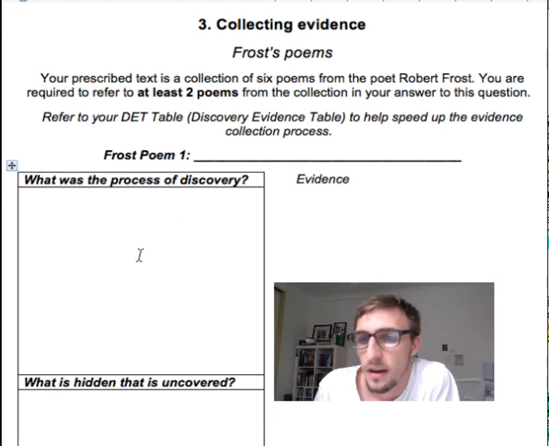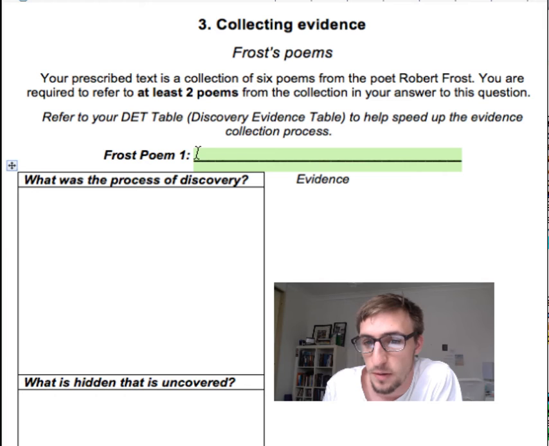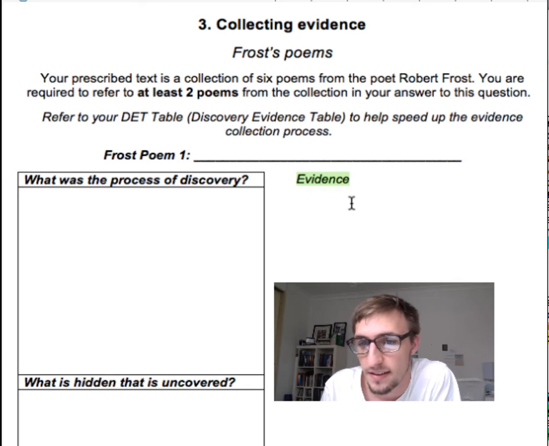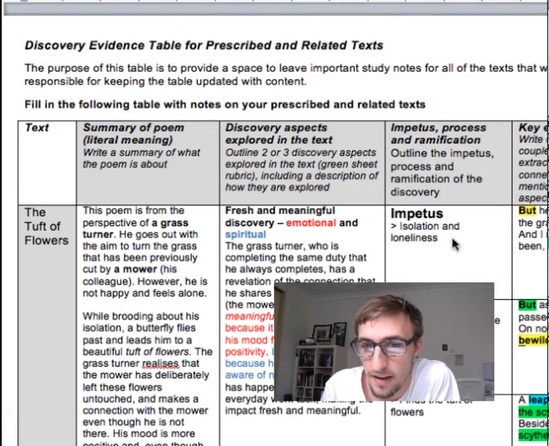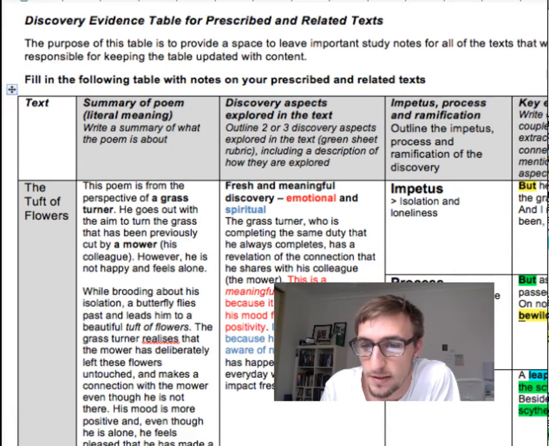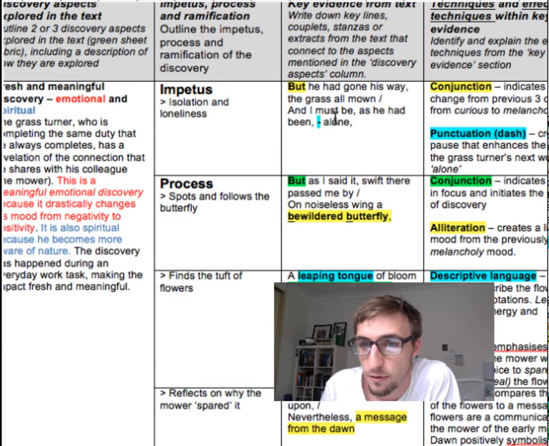So once you select the text that you're going to write, you need to write down the first Frost poem that you're going to use and answer the following questions and connect some of the evidence to this part of the question. Now this is why that discovery evidence table is going to come in handy, because for example here with The Tuft of Flowers, which I've done, I've already mapped out the process of discovery, and I've already got the techniques and the key evidence identified.